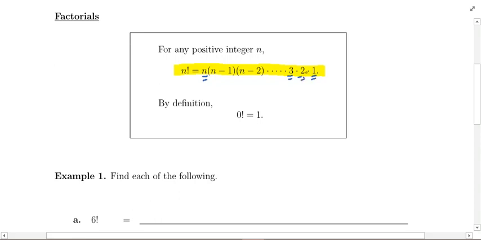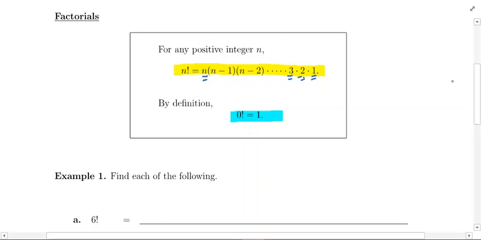So you're starting with the number itself, and then going down a number, and then down another number, all the way down to 3, 2, 1, and you're multiplying all those numbers together. So that is what n factorial means. By definition, and this is important, 0 factorial is equal to 1.